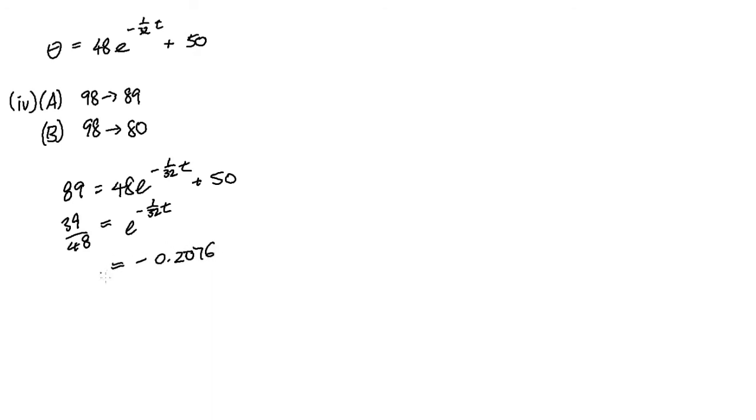Just keep your calculator value at all costs. That equals minus 1 over 32 t. Then you just multiply your answer by negative 32, and that will get you t equals 6.64 hours.